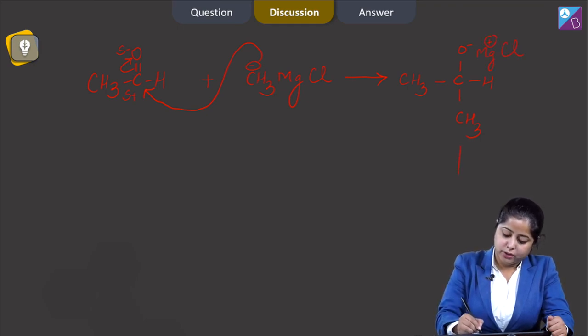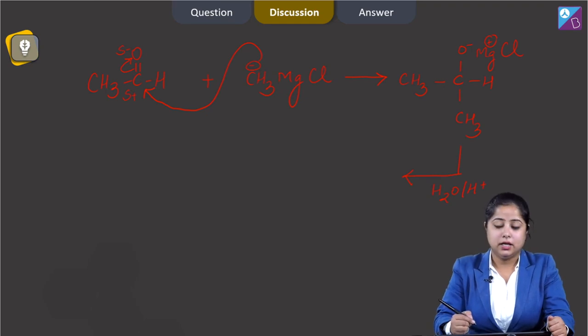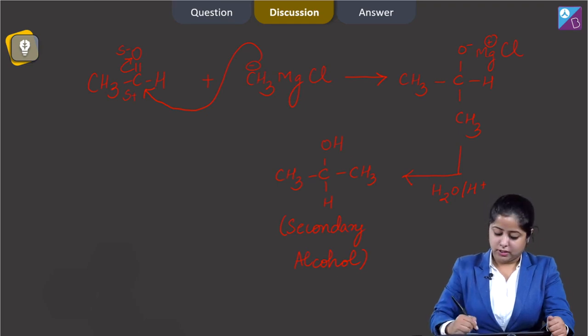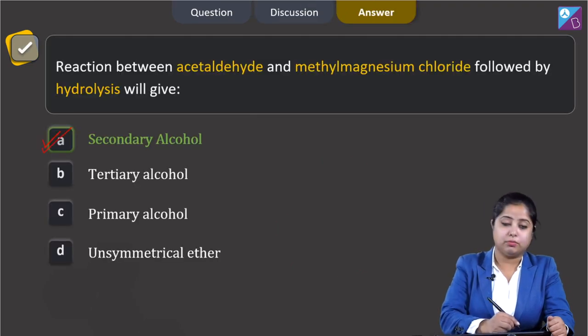Now student, on hydrolysis, that means on reaction with H2O/H+, the product we get is an alcohol. This is a secondary alcohol. That means the correct answer is option number A.